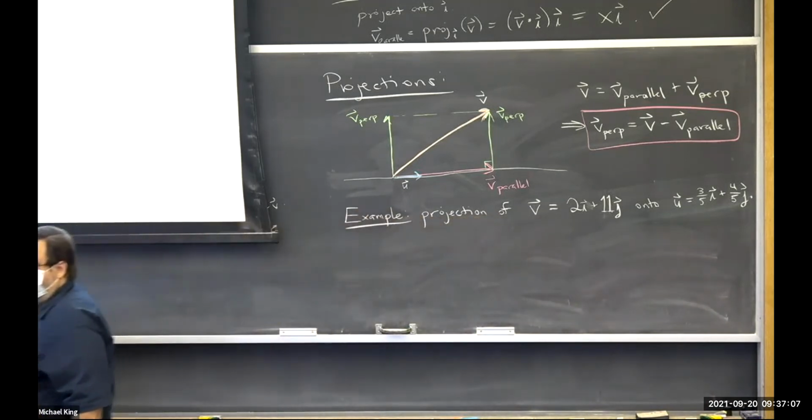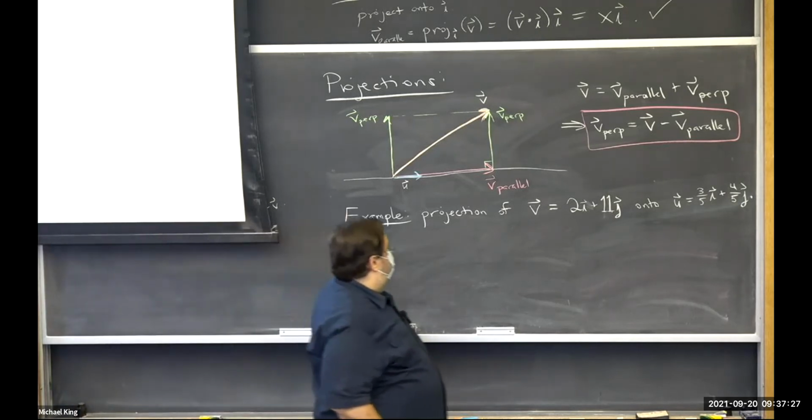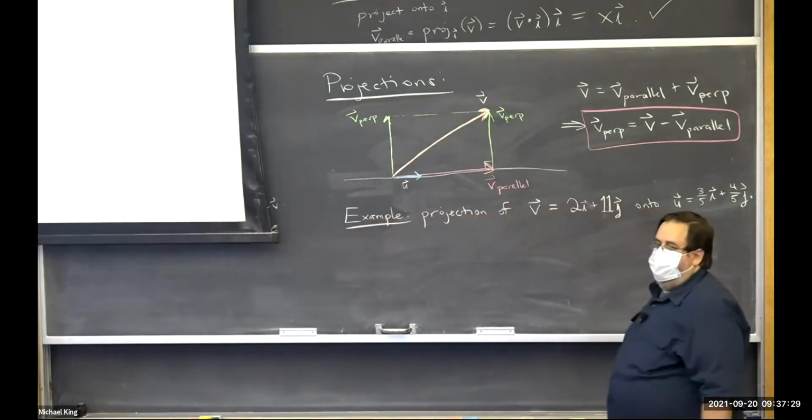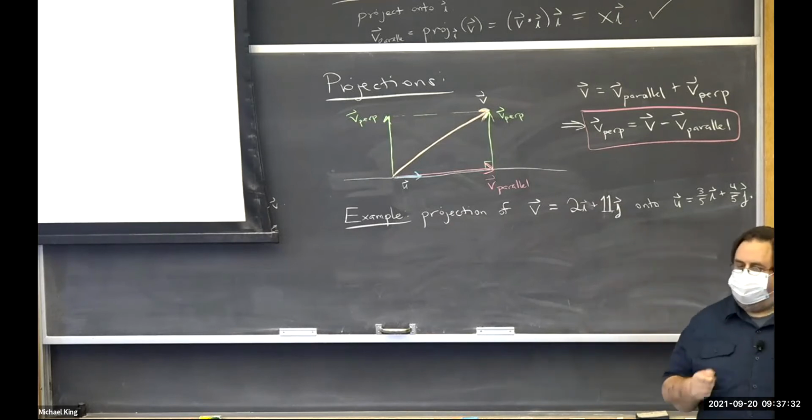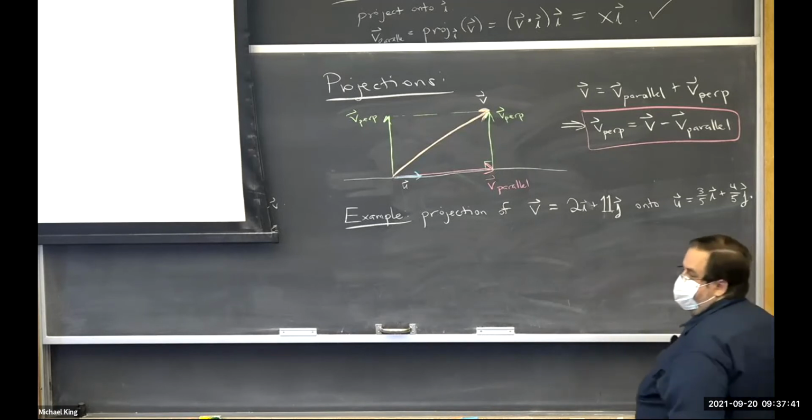Okay, how are people doing with this? People found the perpendicular and checked that it's actually perpendicular? Yeah, you should take the dot product and see if you get 0. It's very satisfying. Hopefully.